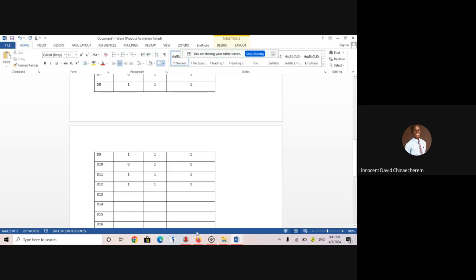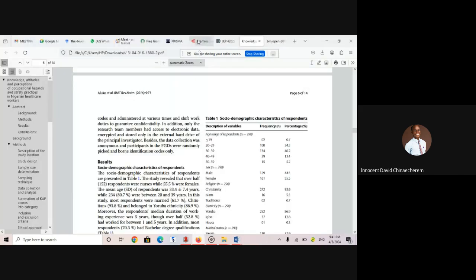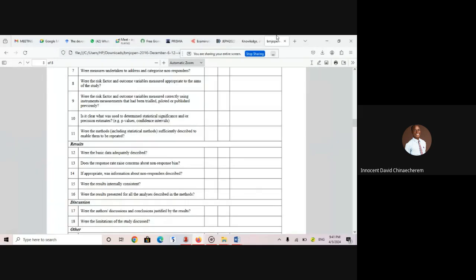Now remember that my cutoff tools were all subjective. I was the one that just chose them for the explanation of this class, so you can actually do that for yourself. Now, does the response rate raise concern about non-response bias? Look at what this means, right?